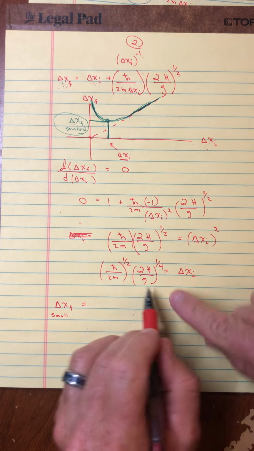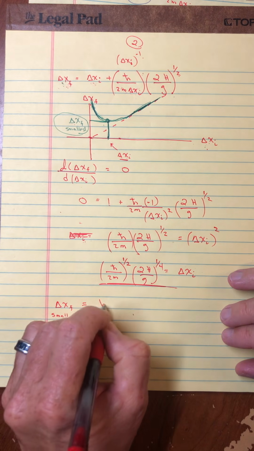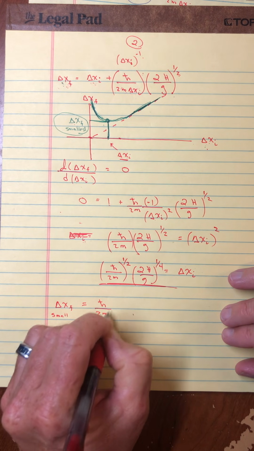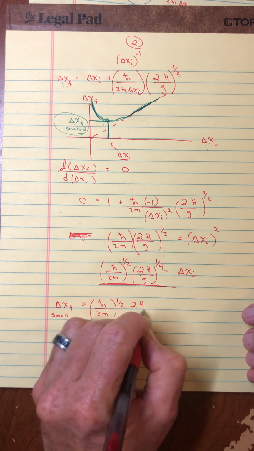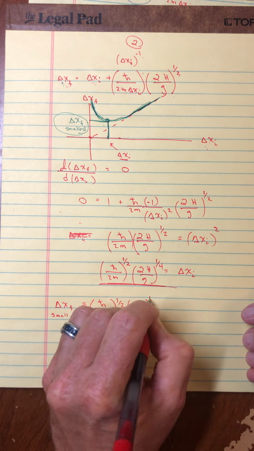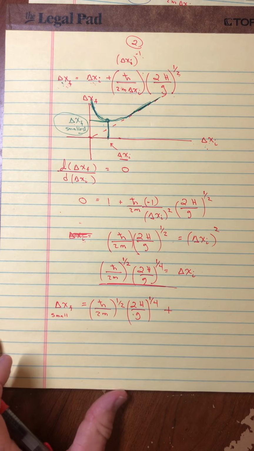So let me put this in that first term. So the first term would be h bar over 2m to the 1/2, and then a 2h over g to the 1/4 plus.